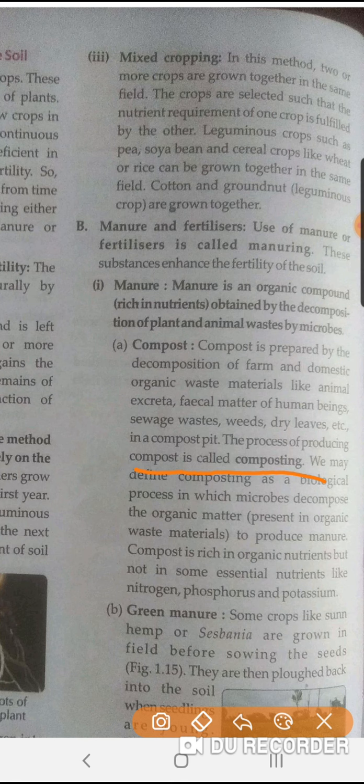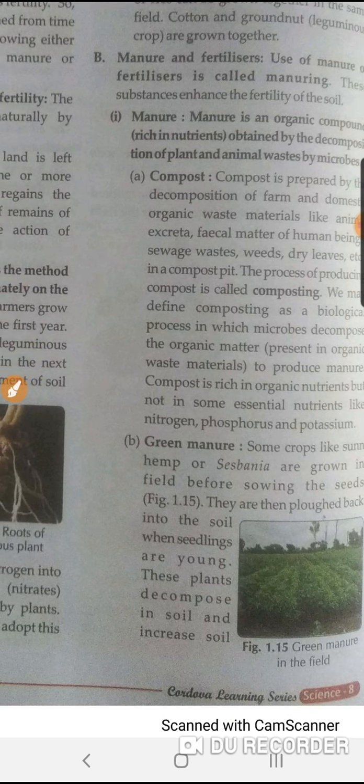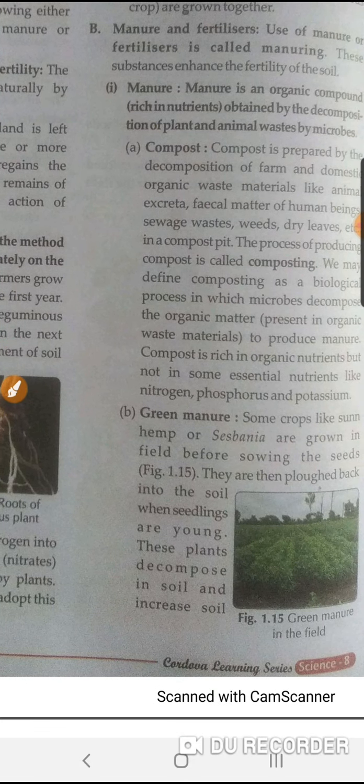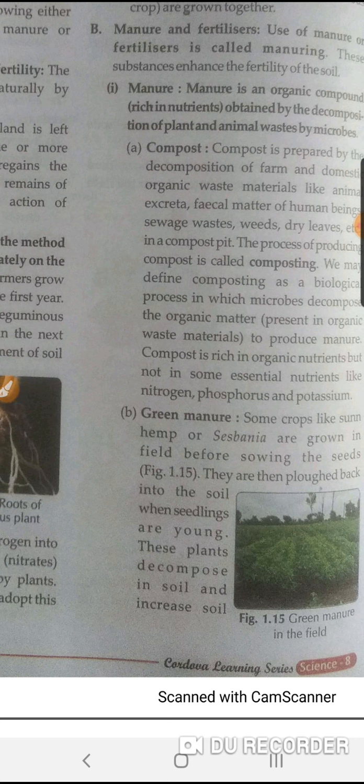Fine. Now the second is green manure. Some crops like sun hemp or sesbania are grown in the field before sowing the seeds. हम इसमें क्या कर रहे हैं? हमारे जो डिज़ायर्ड सीड्स हैं, हम उनको ग्रो करने से पहले कुछ क्रॉप्स, फॉर एग्ज़ाम्पल सन हेम्प और सेस्बेनिया को अपने फील्ड में ग्रो करते हैं.